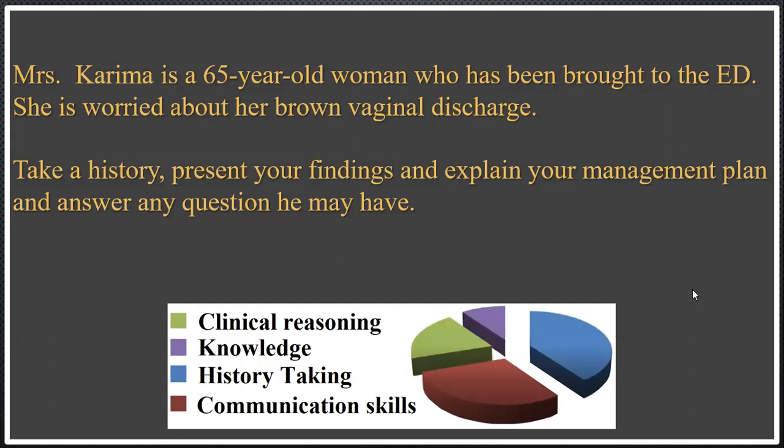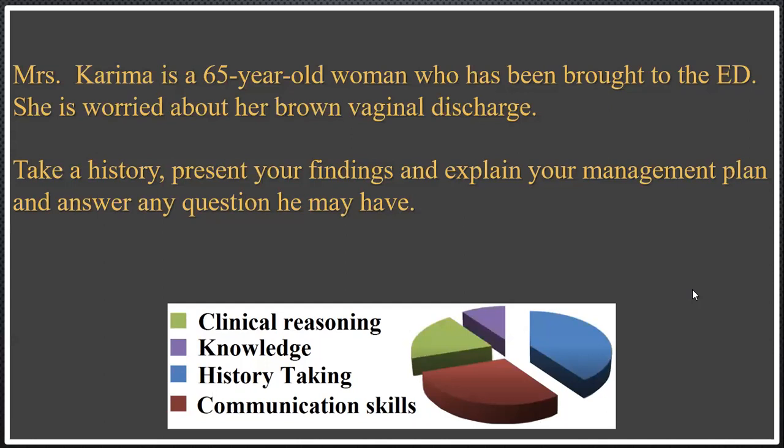Ms. Karima, when did you have your first menstrual cycle? I was 14. Was your menstrual cycle regular? It was irregular before. Okay, it was irregular. Do you have any children? Yeah. Okay.